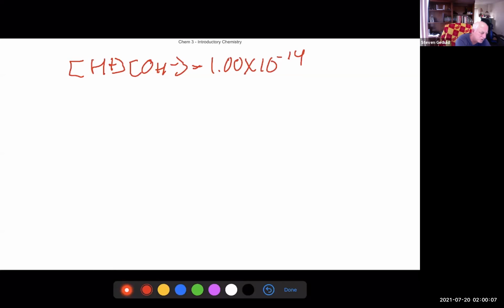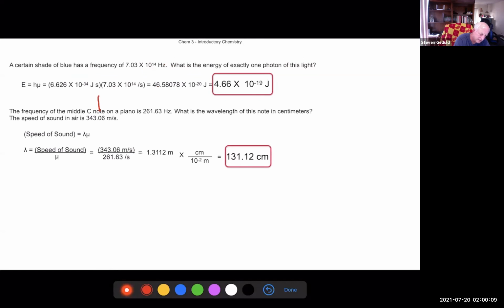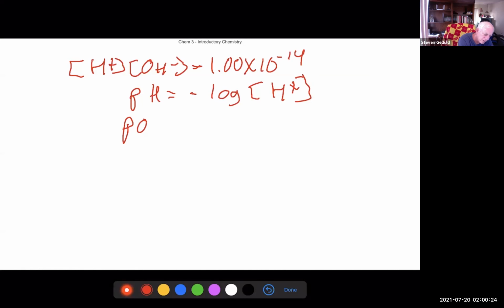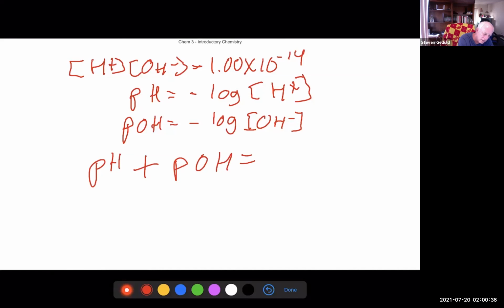We have pH equals minus the log of the H plus concentration. We have pOH equals minus the log of the OH concentration. And we got pH plus pOH equals 14.